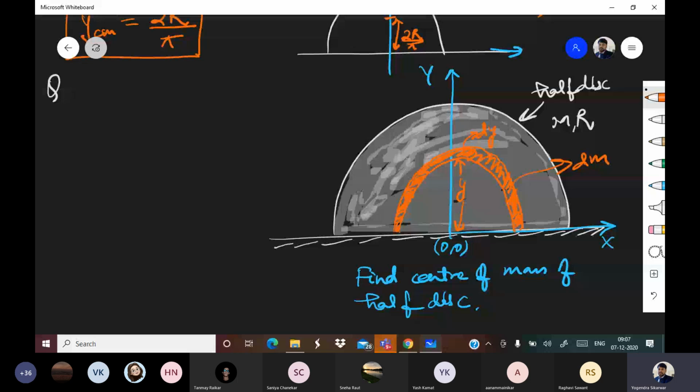Now listen very carefully. Again, this half disk is symmetric about the y-axis.